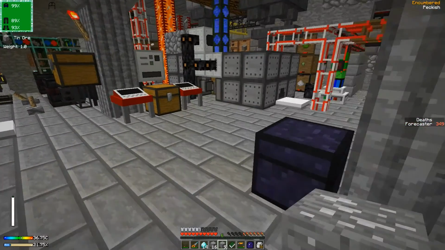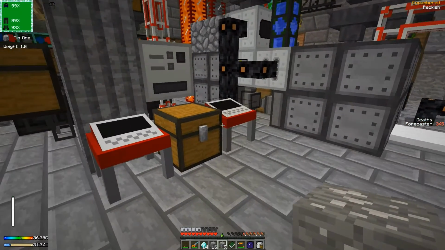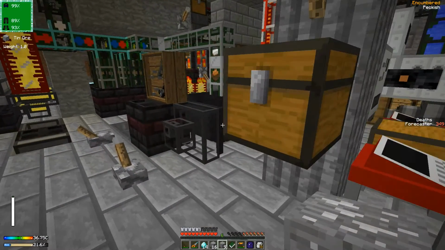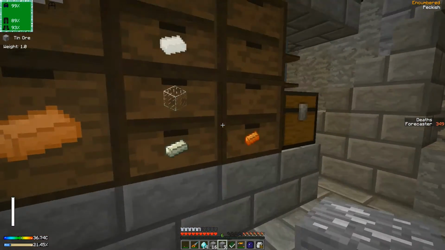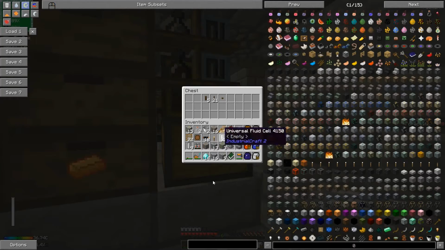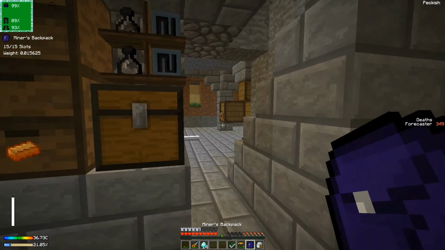So I will probably hold off on processing all this other ore, because I have quite a lot of that as it is. I will focus on processing the iron, because that is what I need.